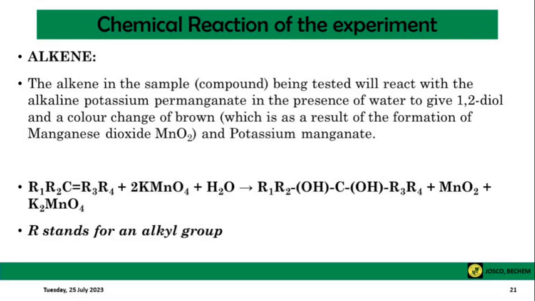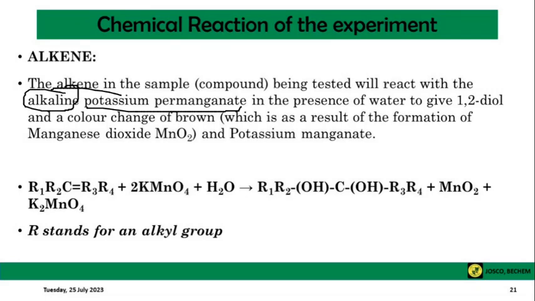For alkenes, when the sample contains the unsaturated organic compound, in this instance an alkene, it is reacted with the potassium permanganate, which has been made alkaline.